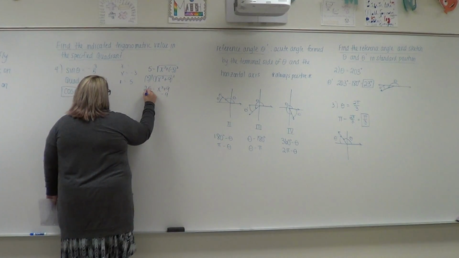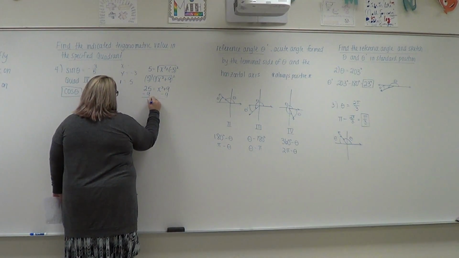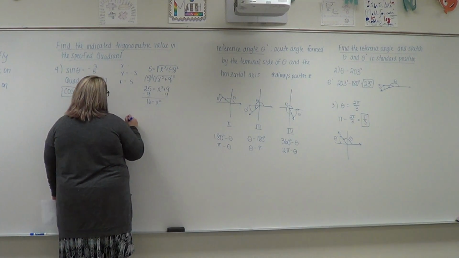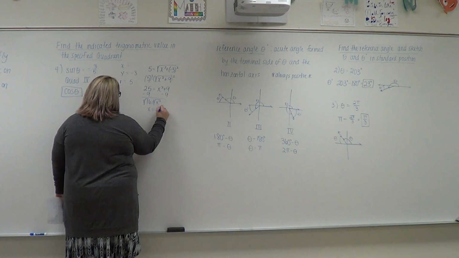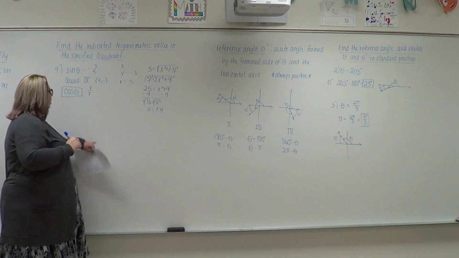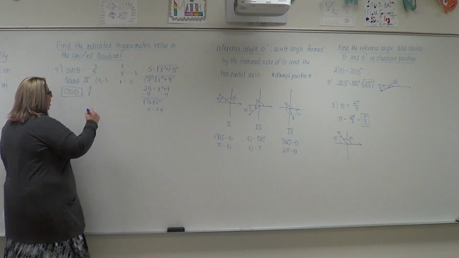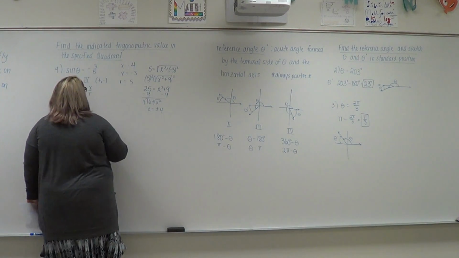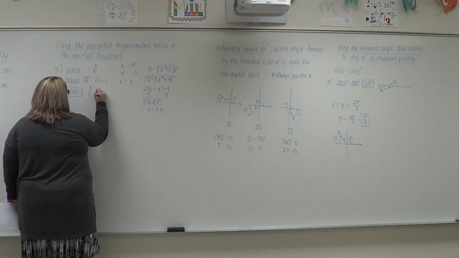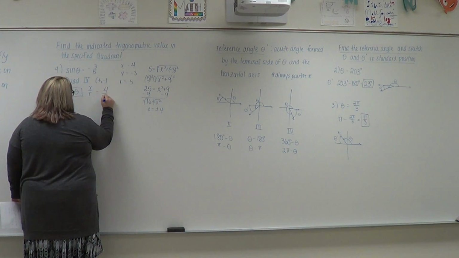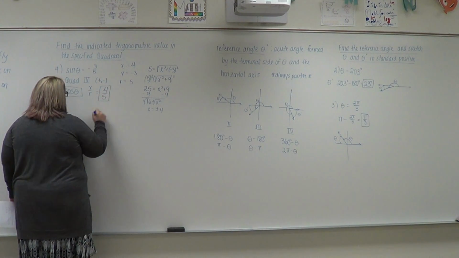Subtract 9. 16 equals x squared. And then do your square root. So x could either be positive or negative 4. But since it's in quadrant 4, we know x has to be positive 4. So if I'm finding cosine, cosine is x over r, that means my cosine is 4/5.